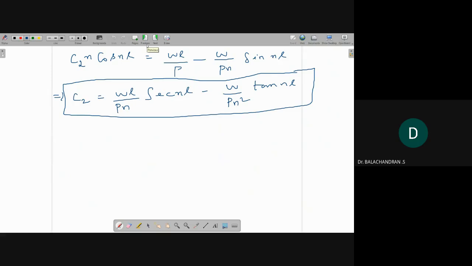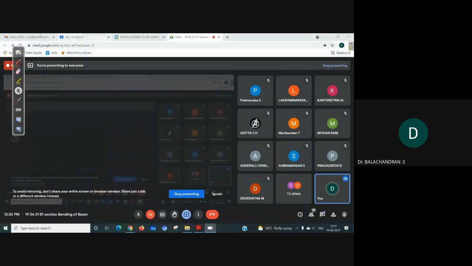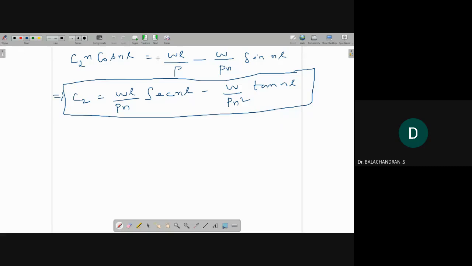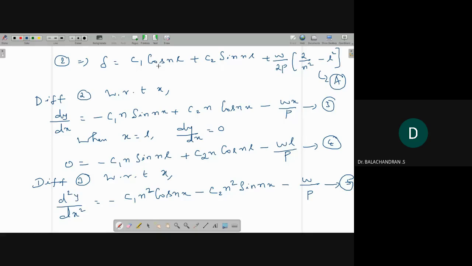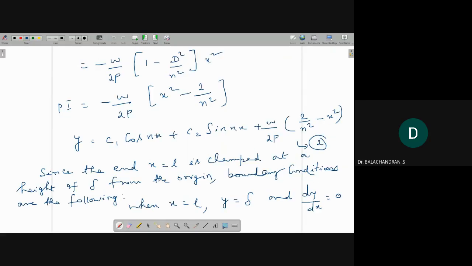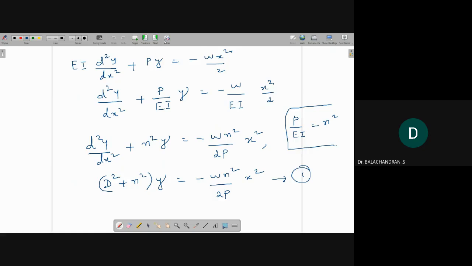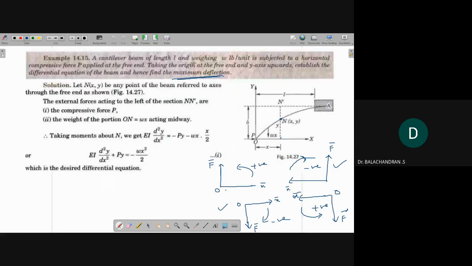Okay, so I will just tell you because time is 12:30. You need to substitute. It is better to substitute C1, C2 in equation A. Okay, because here Barasaran told that when x is equal to L, y is the maximum deflection. So the maximum deflection is delta. The question is also asking maximum deflection.